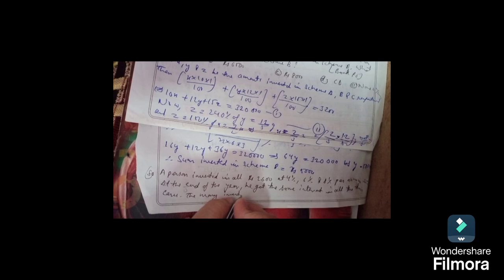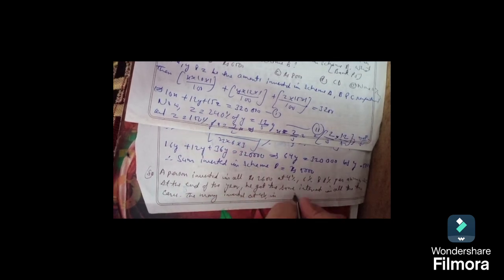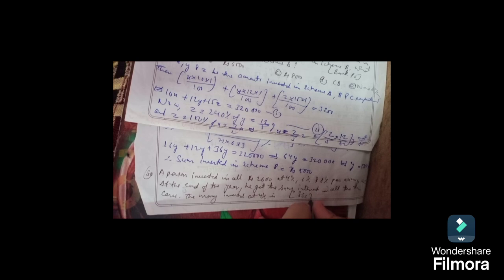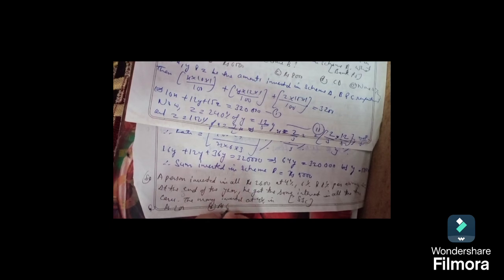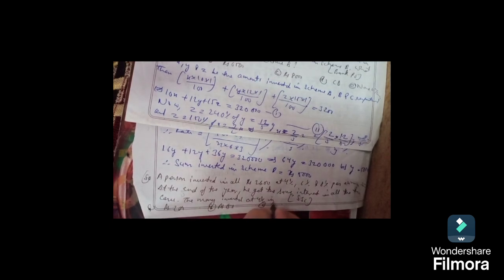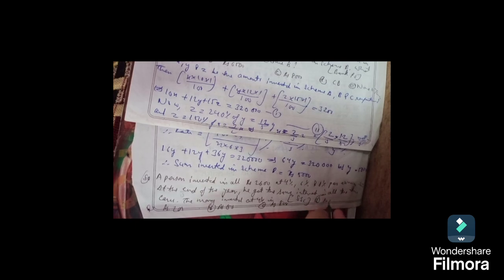The money invested at 4% is asked in SSC examination paper. So the options are rupees 200, rupees 600, rupees 800 and rupees 1200. So let's go for the same.